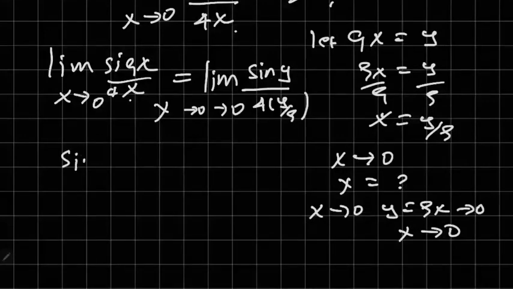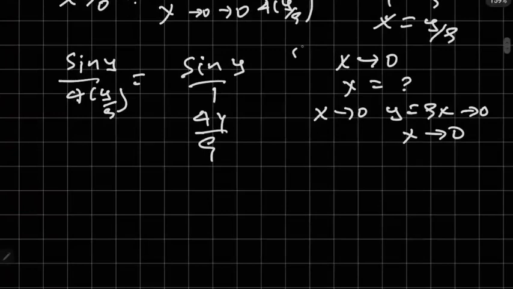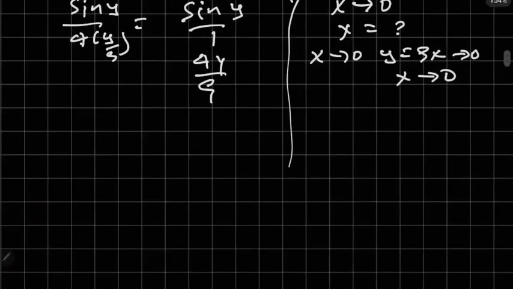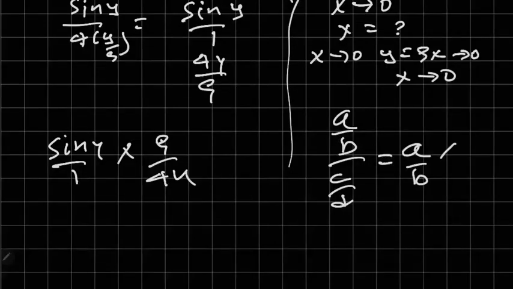Okay, how do we simplify this? You can write sine y over 4 times y over 9 as sine y over 1 over 4y over 9. But this is the same as sine y over 1 times the reciprocal, 9 over 4y, because a over b over c over d is the same as a over b times the reciprocal of this.